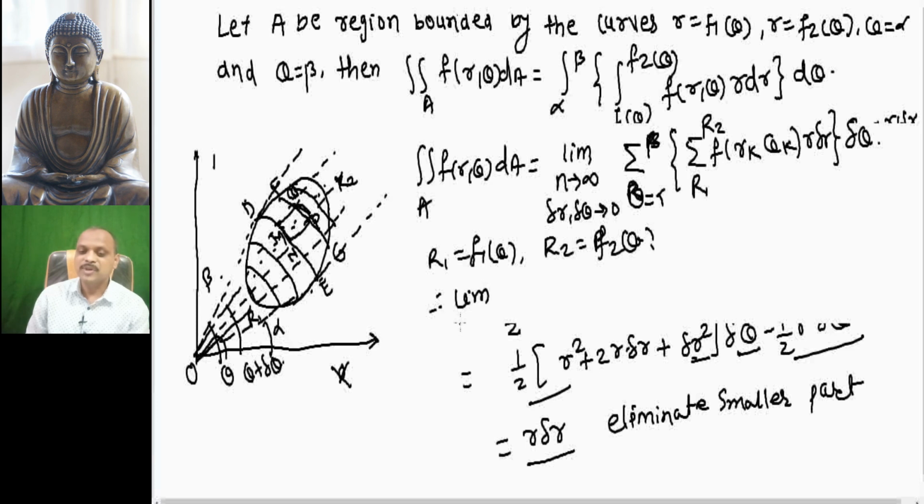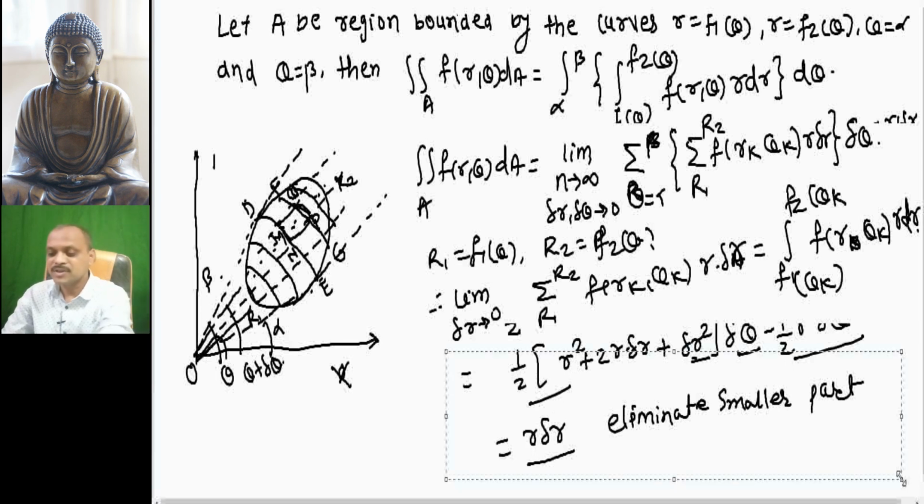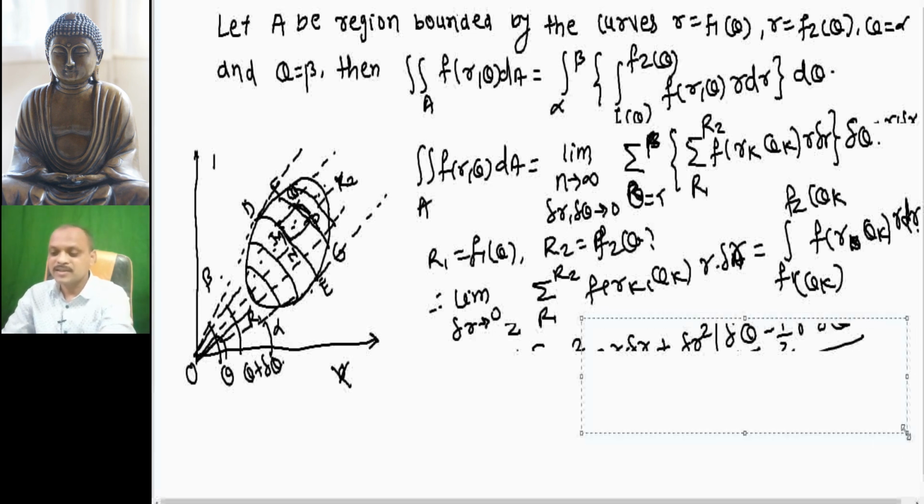Therefore, in the limit delta r tends to 0, the summation from r1 to r2 of f of r k theta k r into delta r becomes integration f1 of theta k to f2 of theta k, f of r theta k into r dr. But this is now a function of theta.